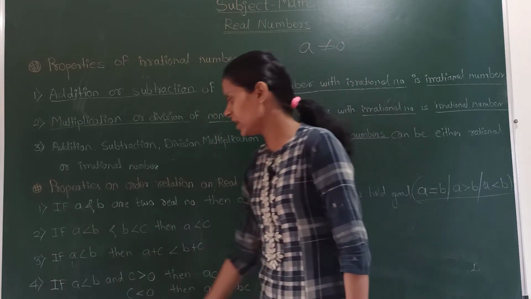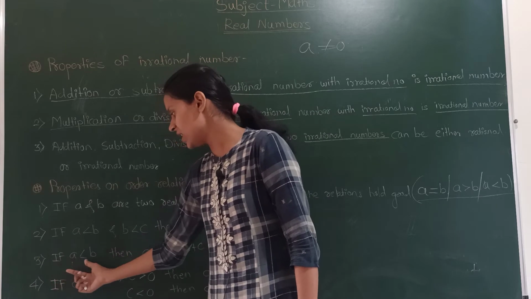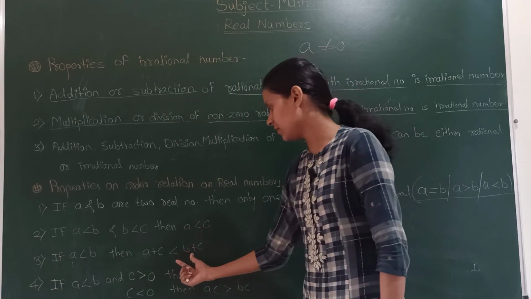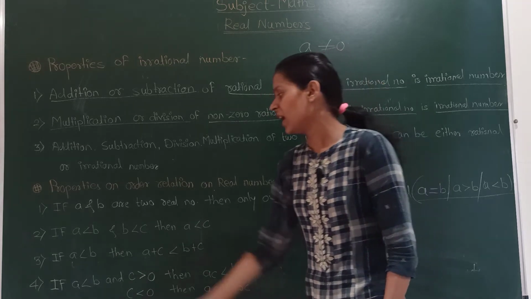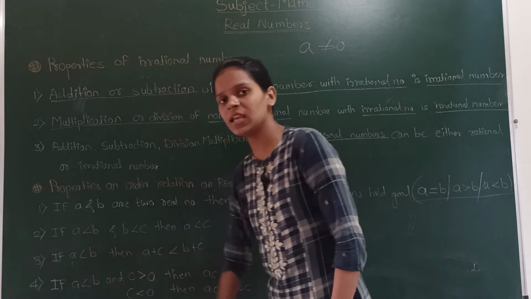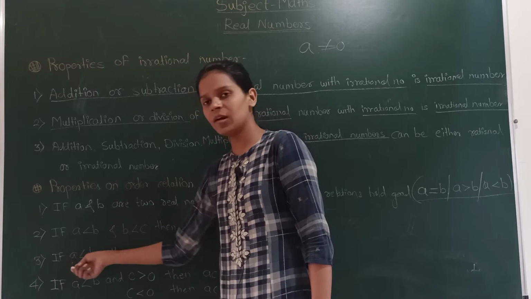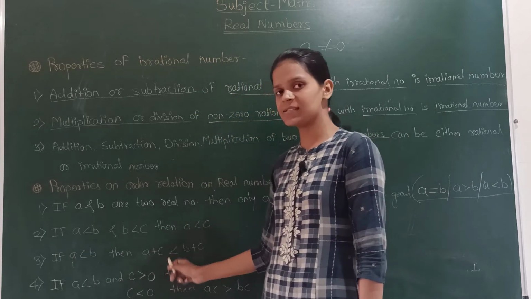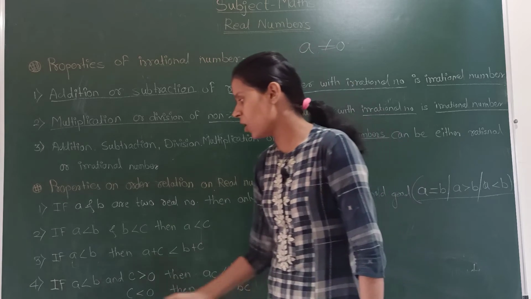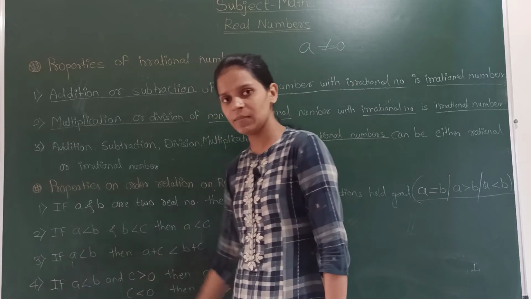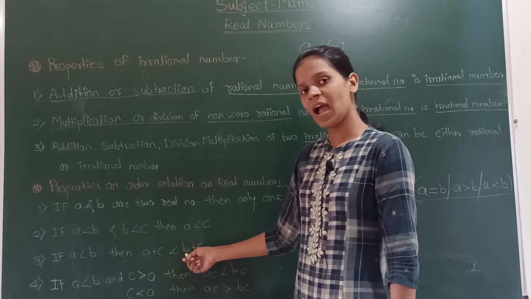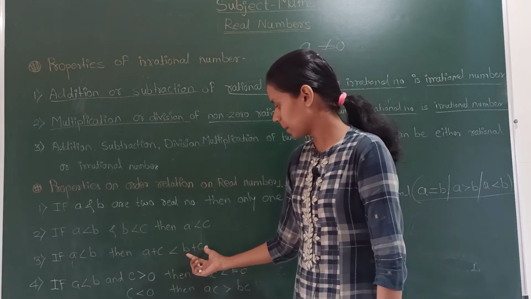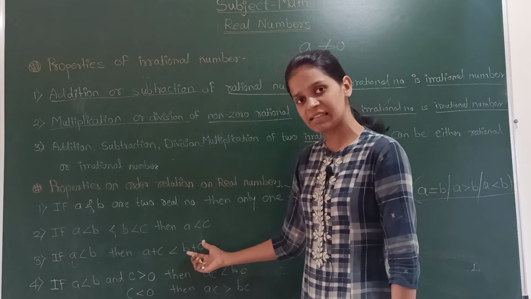See the next property, the third one: if A is less than B, then A plus C is less than B plus C. If A is the number which is less than B, and you add any number C to it, then A plus C will always be smaller, because A is less than B, and B plus C will always be greater, because B is the greater number.